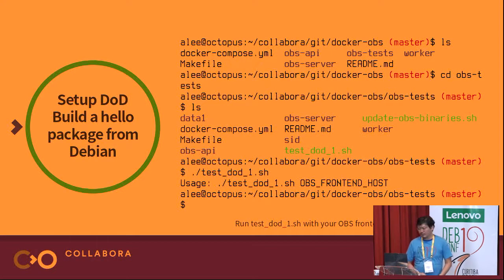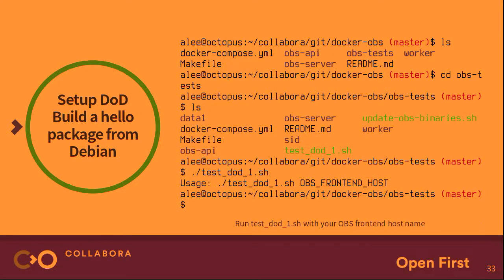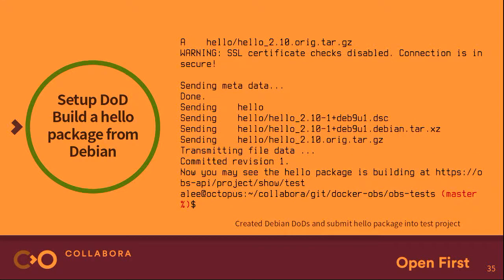You do that, then you can run the script. The syntax is the script name and also the front-end host. Here is the example we use, OBS-API as the example host name. So the script runs and gives you such a result.